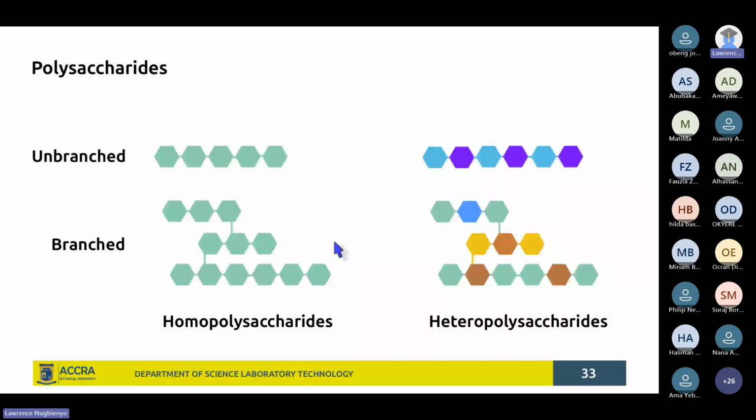But when you come to branched, you have the straight chains, and you also have some branch points. And so you have the alpha 1,4-glycosidic bond, and usually you'll be having a 1,6-glycosidic bond as the branch point in these branched polysaccharides.